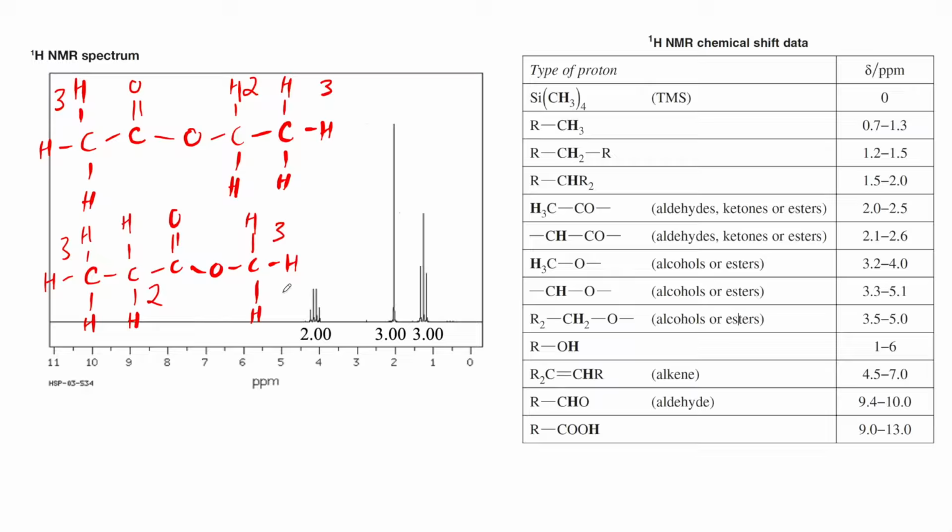What we can do next is look at the splitting pattern. We can see that in the proton environment that has 2 protons, this gives us a quartet. And if we recall the rule, the number of peaks in a signal is equal to the number of adjacent protons plus 1. We know that if this is a 4 split pattern, the number of adjacent protons next to this chemical environment will be 3.